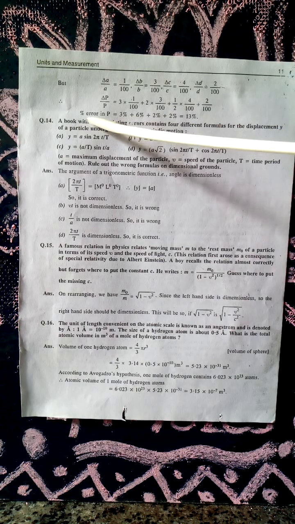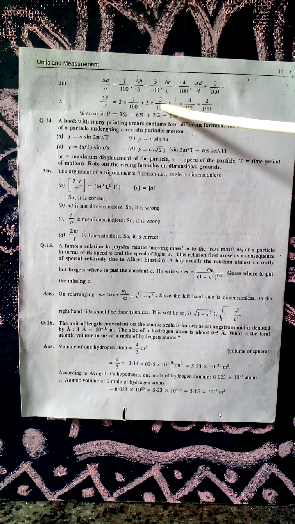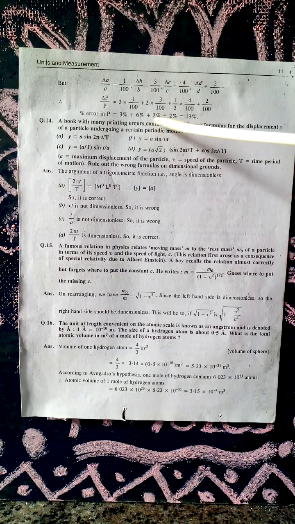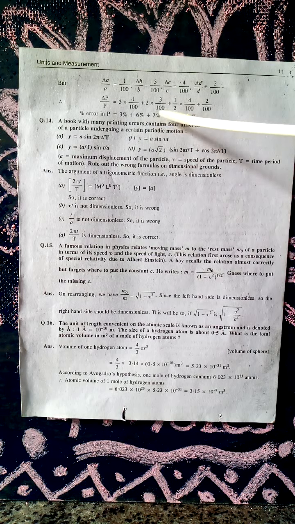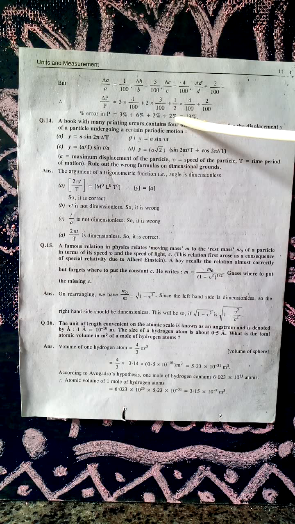So the percentage error in P: here I'll get 3%, here 6%, plus here 2% and here 2%. So total 3 plus 6 plus 2 plus 2, 13% you'll get.